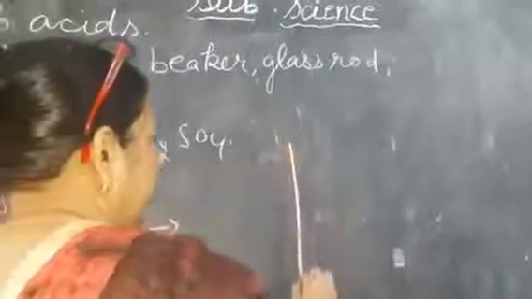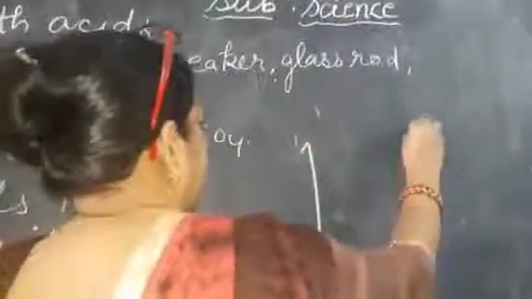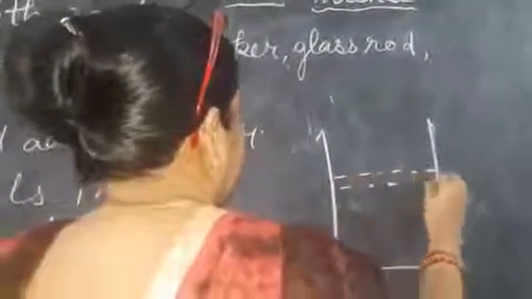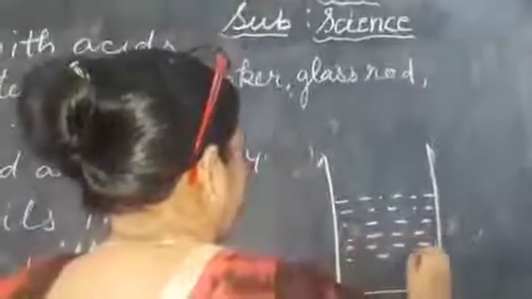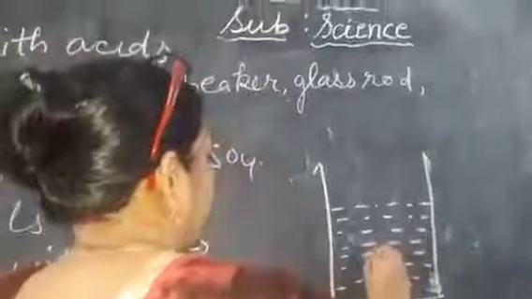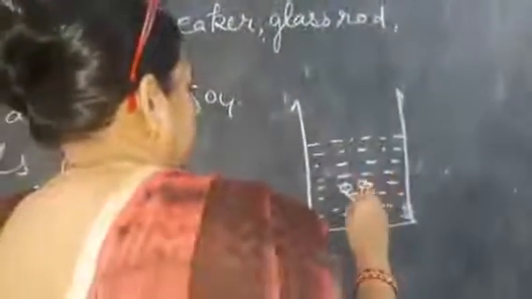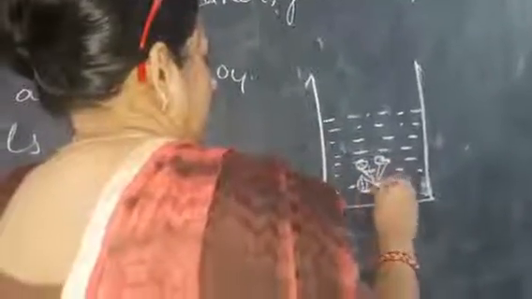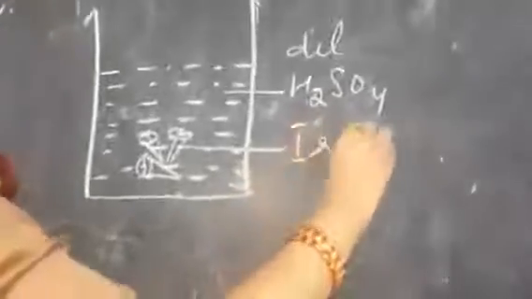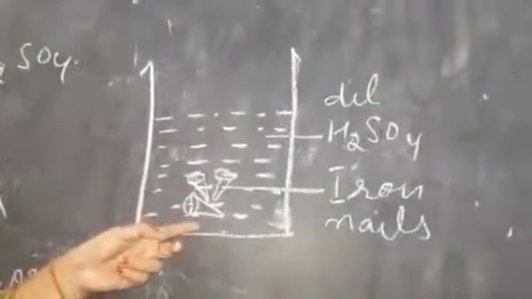And test tube, or if you take a beaker, and in this beaker we take some iron nails and H2SO4 sulfuric acid, some iron nails, these will react with each other, and after some time iron sulfate will be formed.